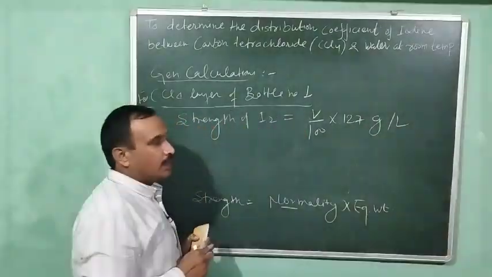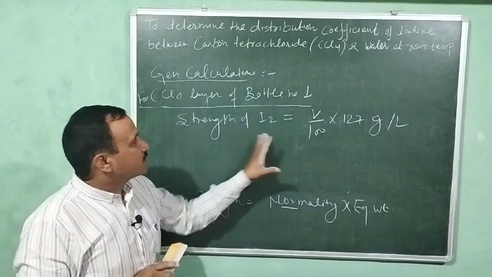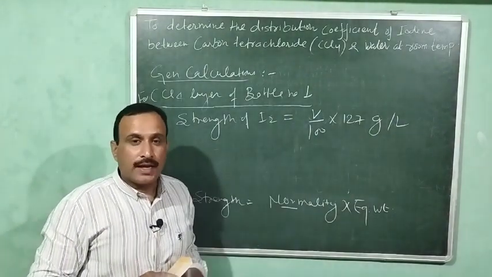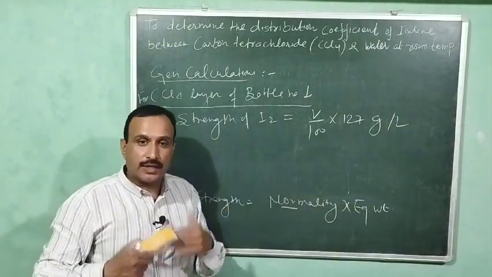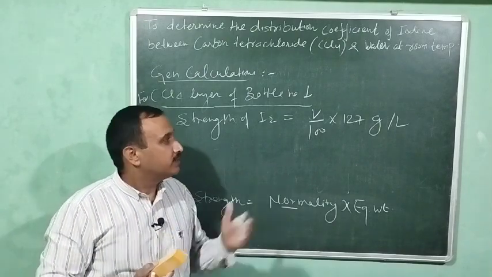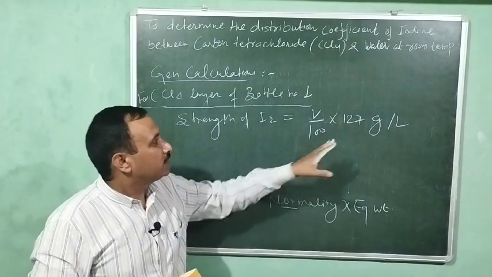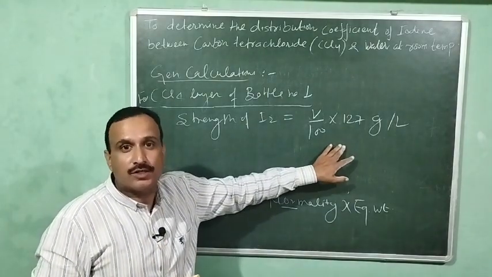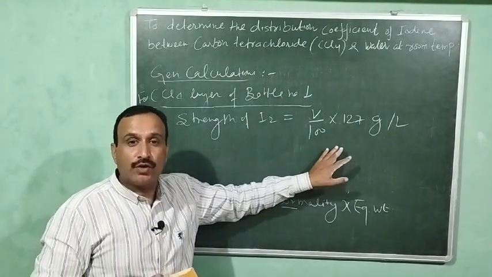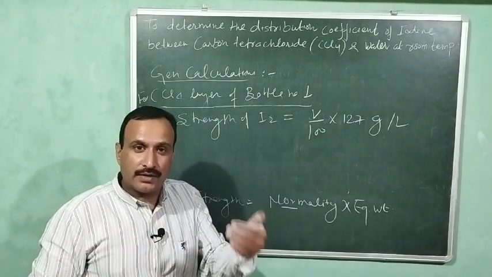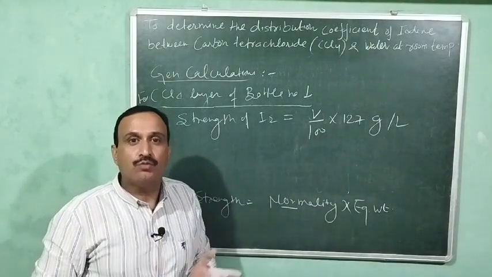liter. Okay, so this is the strength of iodine in gram per liters, and we can convert this strength into moles per liter by dividing it by the molecular mass of the iodine, because when the weight in gram is divided by the molecular mass, then we have number of moles.